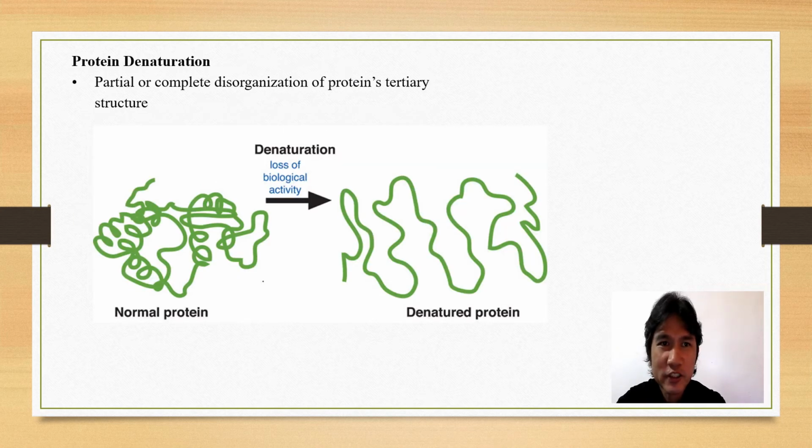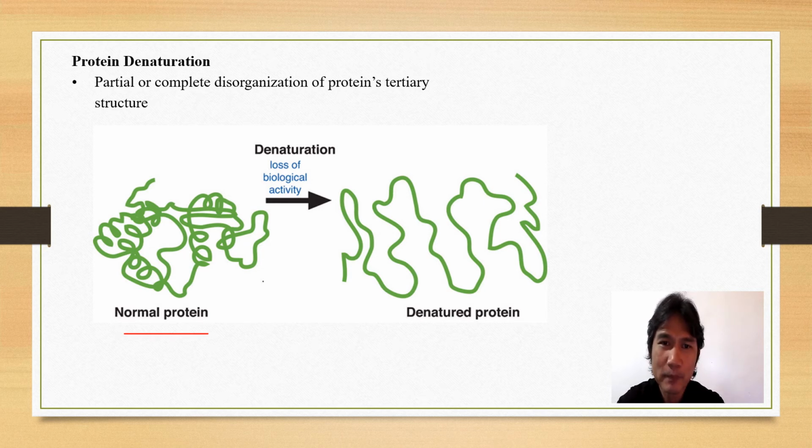Under certain conditions, proteins could undergo denaturation. Denaturation is a process wherein the protein is partially or completely disorganized. The protein's tertiary structure is disrupted. Here you have a normal protein that assumes its native or physiological shape.